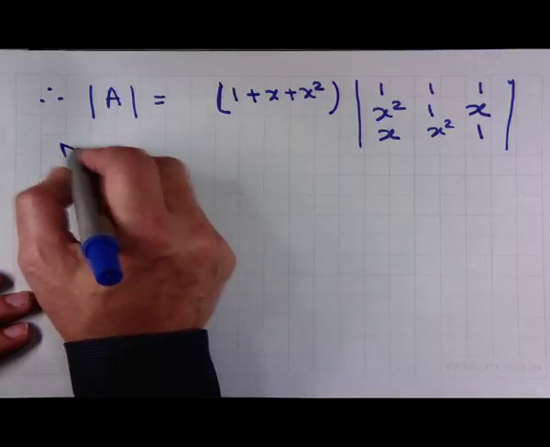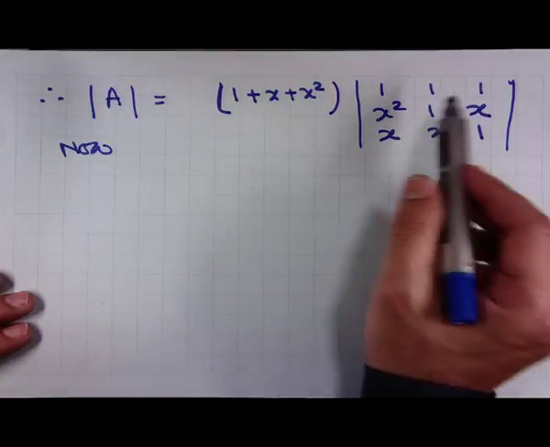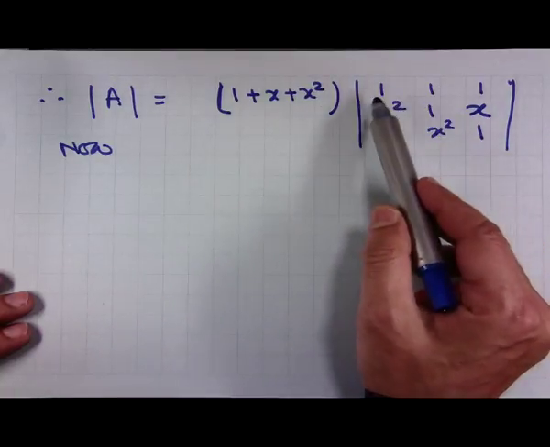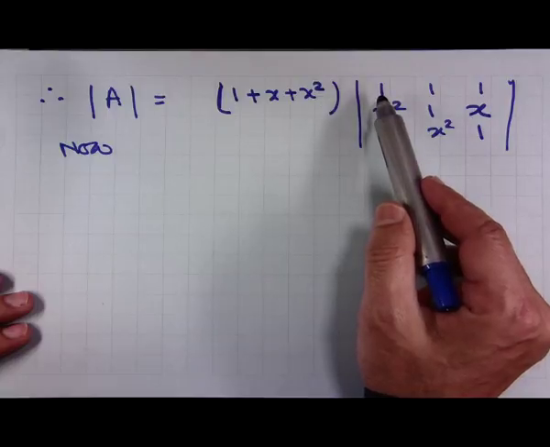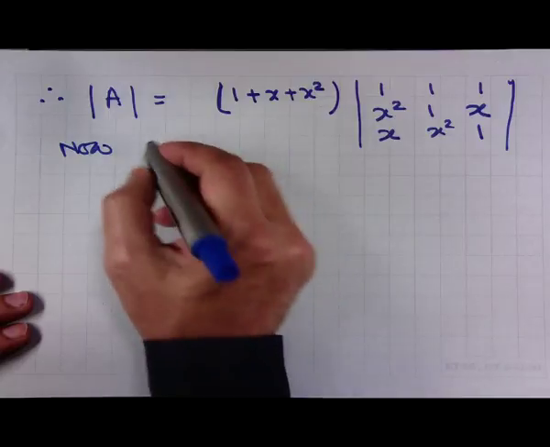Now we do a very similar thing with respect to the columns. We replace column 1 by the difference of column 1 and column 2.